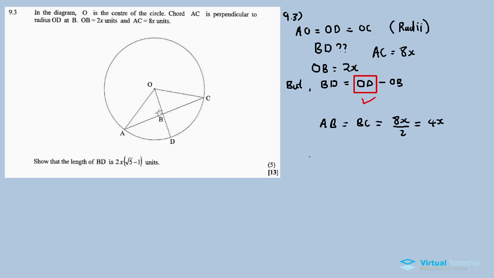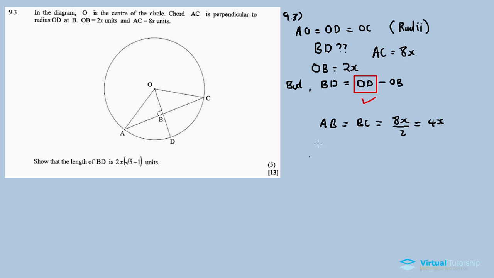I have OB, which is what? 2x. Now I can use Pythagoras theorem to calculate the hypotenuse, so OC or OA, right? I want OD. If I get OA or OC, I will have OD because all the radii are equal. OA, OC, OD, they are equal. So I can either calculate OC or OA using the theorem of Pythagoras.